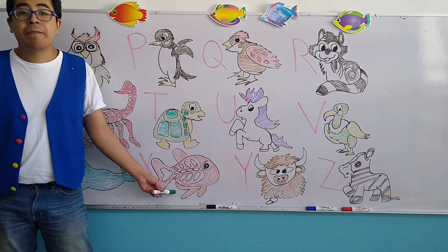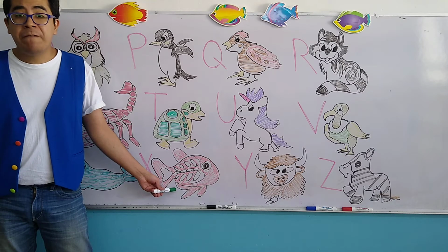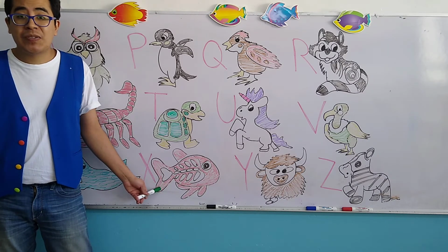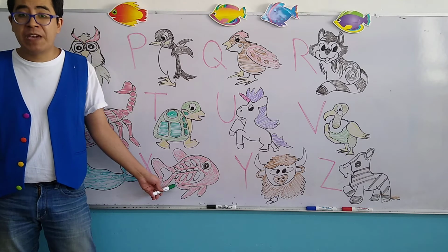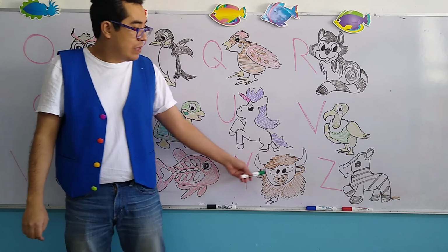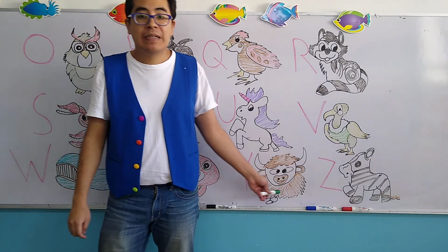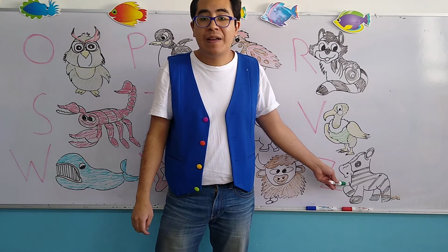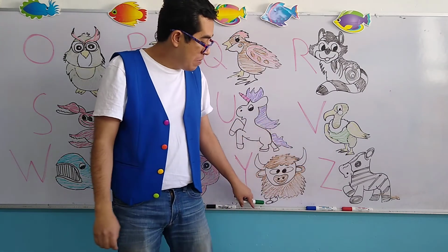Capital X, X-ray fish. One more time. Capital X, X-ray fish. Capital Y, yak. Capital Z, zebra.